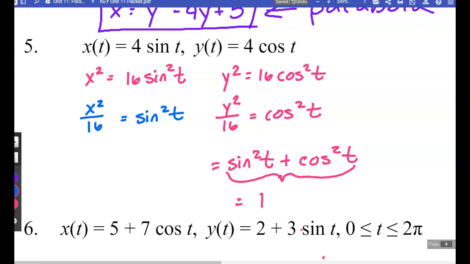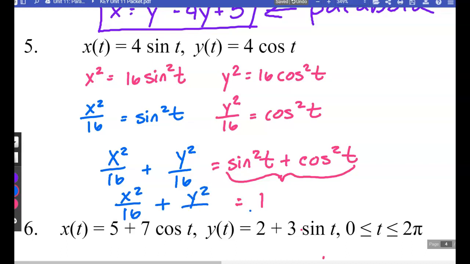Otherwise, the equation is not logical. So, sine squared t is the equivalent to x squared over 16. And cosine squared t is equivalent to y squared over 16. And those two terms are added together. So, x squared over 16 plus y squared over 16 is equivalent to 1.